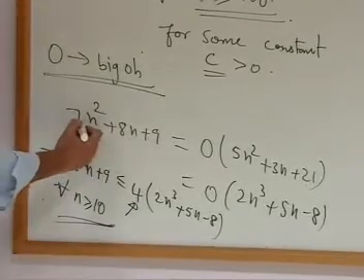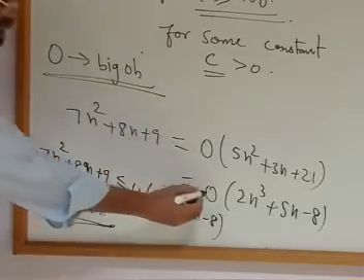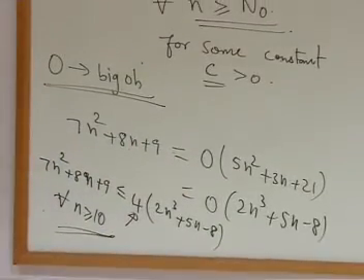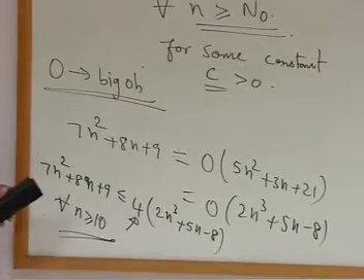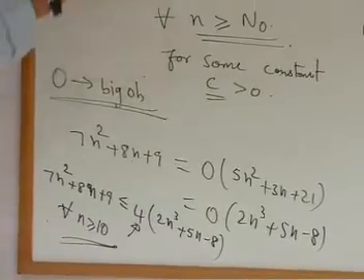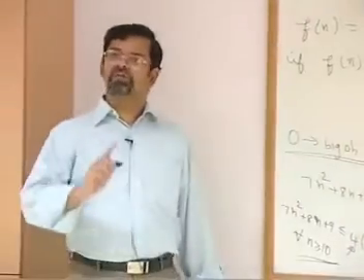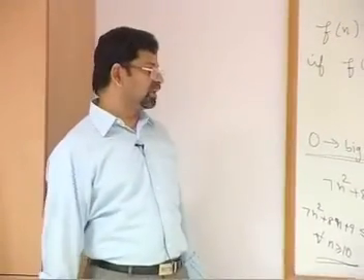Therefore, I can write 7n square plus 8n plus 9 is order of 2n cube plus 5n minus 8. Mathematically, this is okay because maths doesn't say anything on this. But how are we going to use it? We are going to use it in the following way.